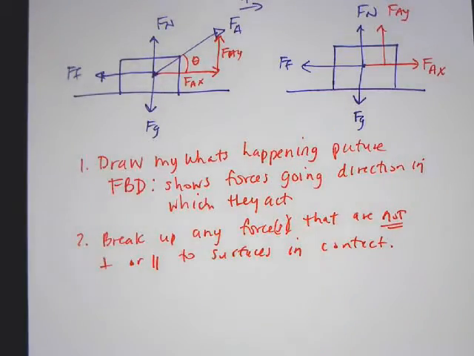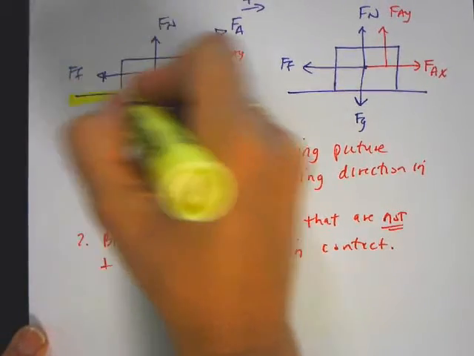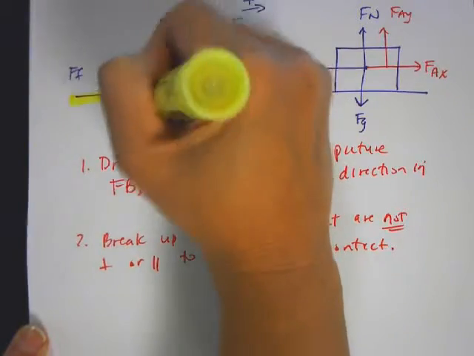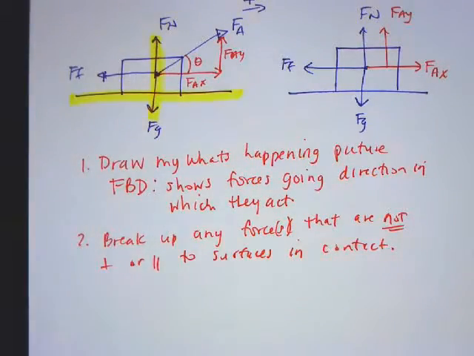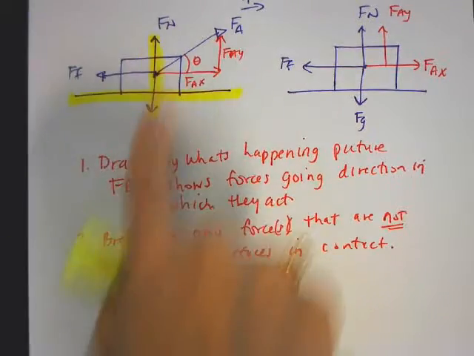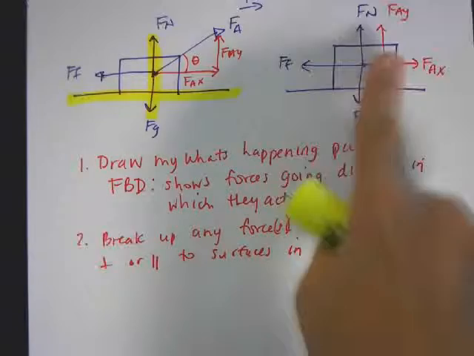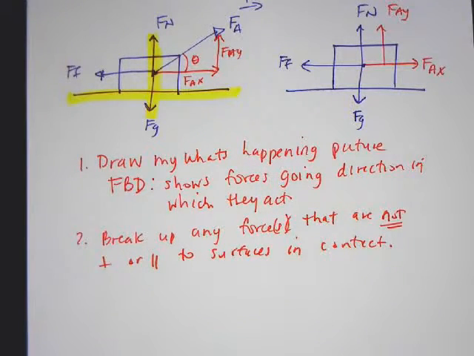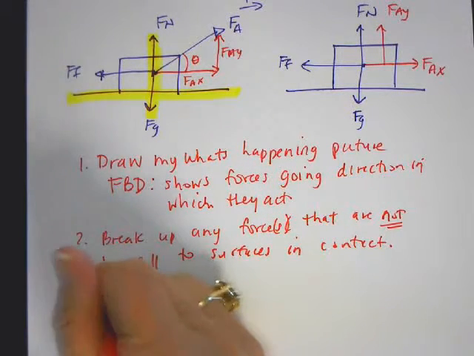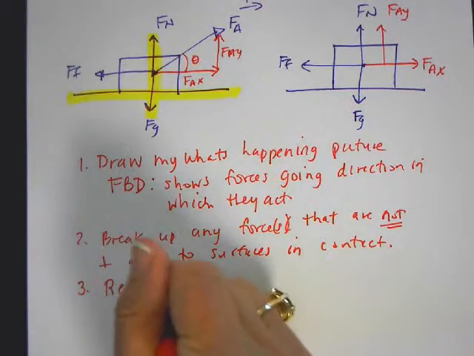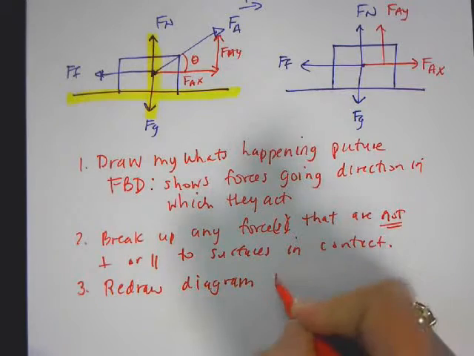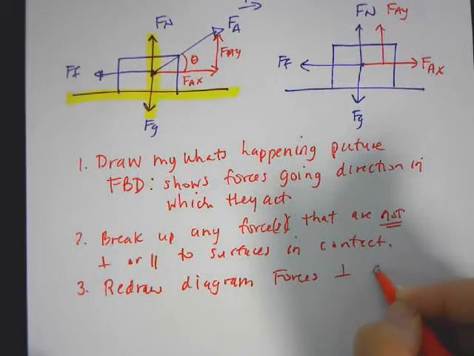Remember, here's my surfaces in contact. So we have perpendicular and parallel. So any force that is not perpendicular and parallel, which is just that one, I'm going to break it up into its components that are perpendicular and parallel. So then I'm going to redraw my diagram with all the forces going perpendicular and parallel.